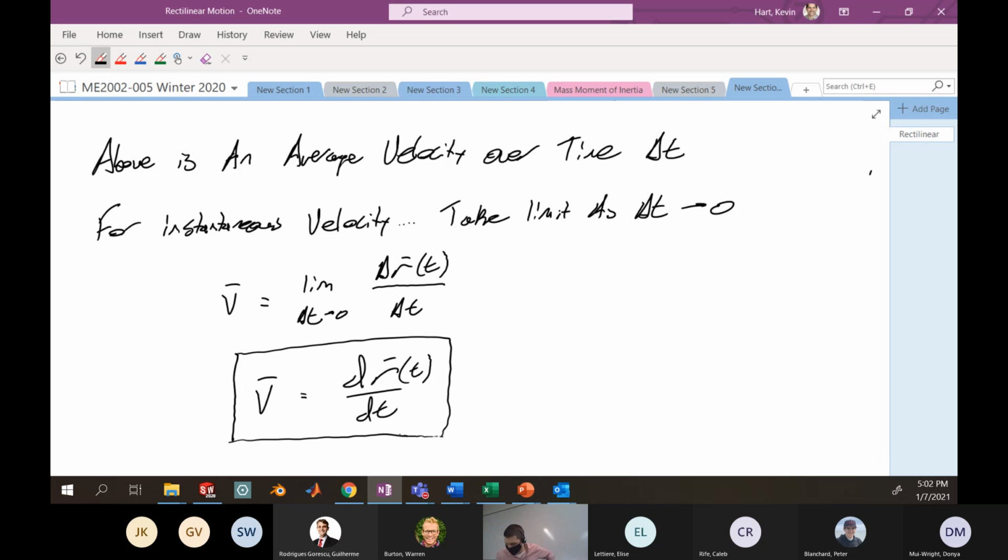All right. Again, this is a vector, with magnitude and direction.